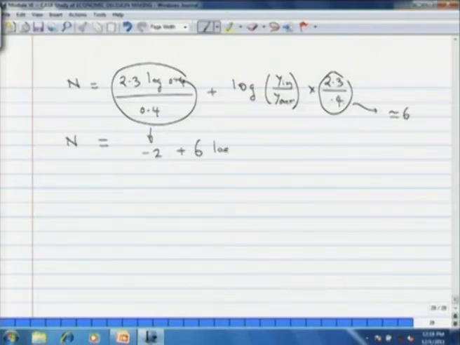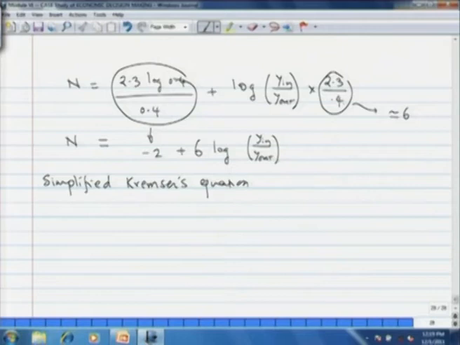So, 6 log y in by y out. Okay. And therefore, we have simplified Kremser's equation as n plus 2 is equal to 6 times log y in by y out.